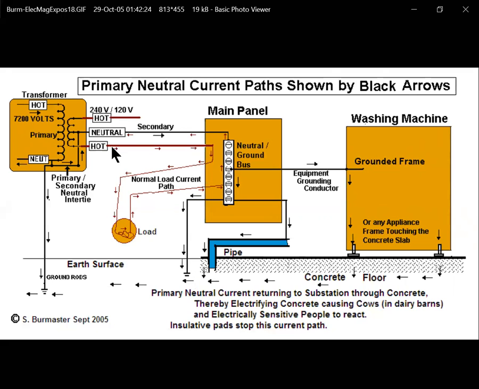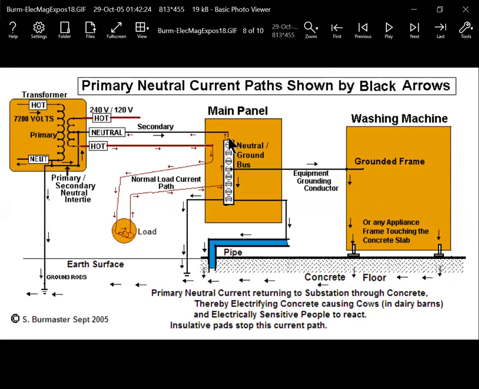Now if we follow the electricity coming in, the hot is 120 volts, goes through here, and once it gets past the load, it's down in the low voltage, and then it goes in and connects to here. Normally it should go back to the center of the transformer.